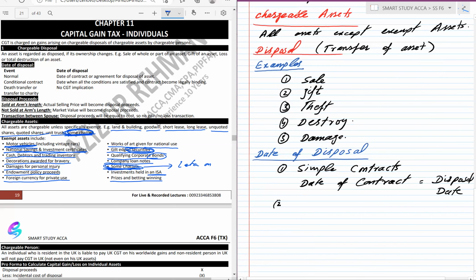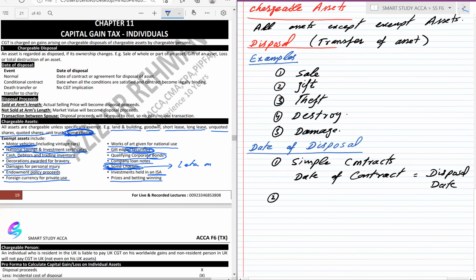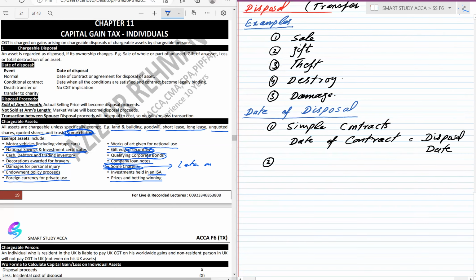But on the second level, there are a few contingent contracts. Contingent contracts means there are conditions attached to these contracts.